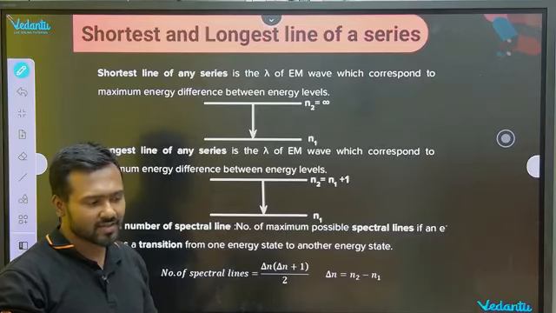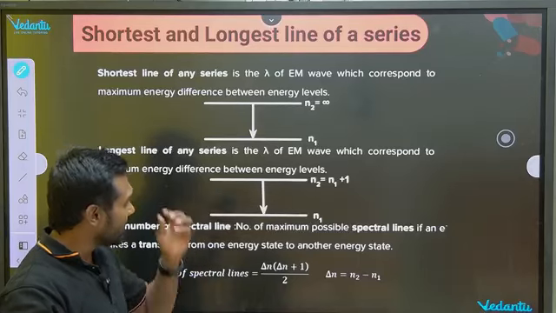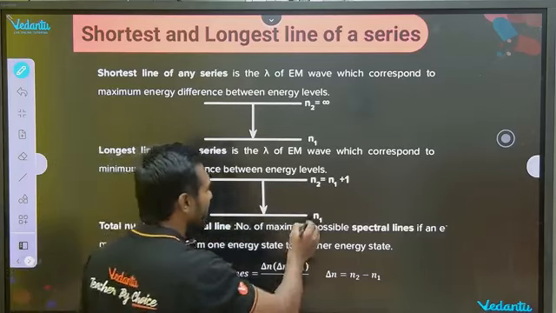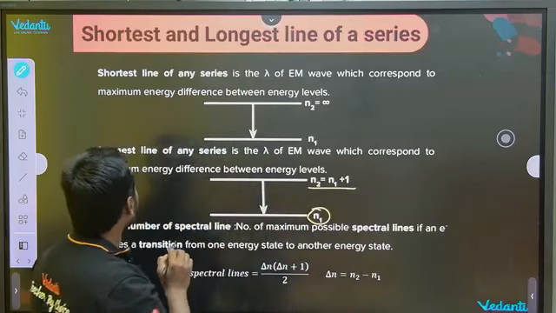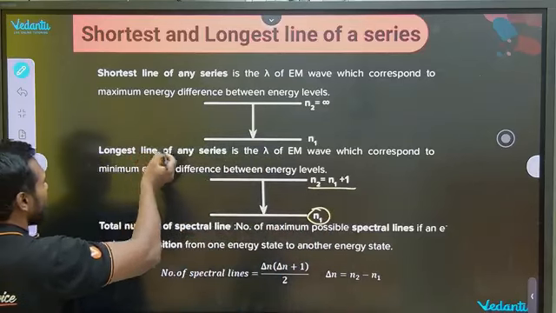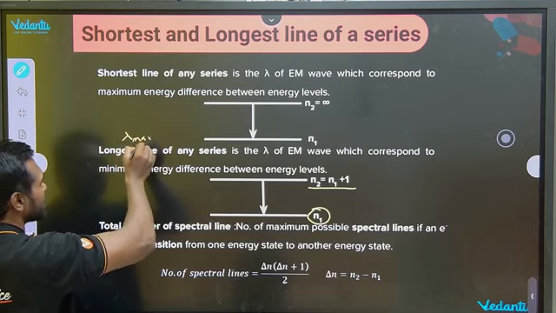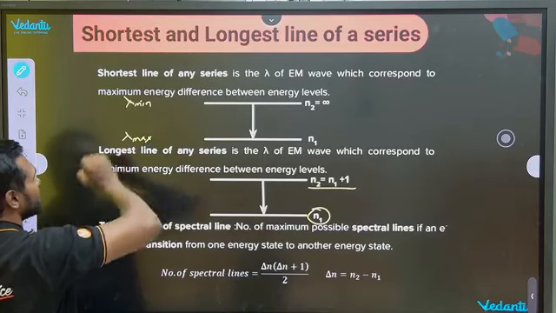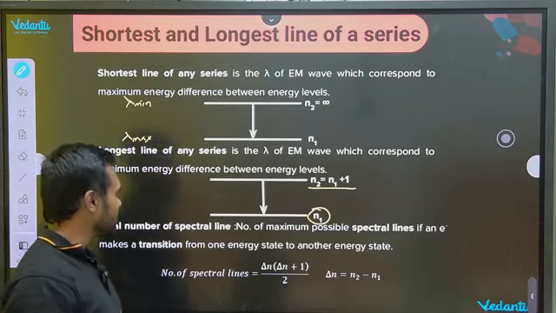The first line is where N2 equals N1 plus 1. This is called the longest line of any series, that is lambda max, because energy is low. The last line is lambda minimum, or energy maximum.